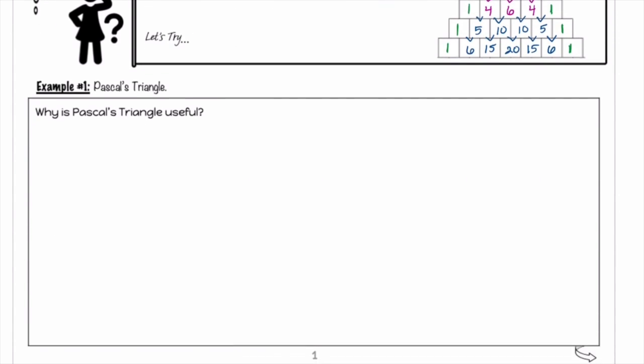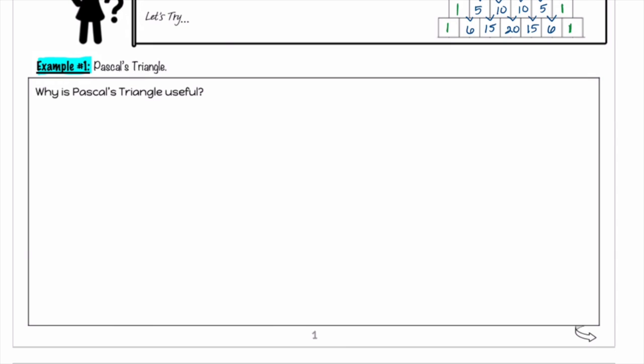So let me look at example 1. Why is Pascal's triangle useful? It all comes down to the numbers that are within this triangle. I'm going to set my triangle up with just a few. I'll start with the top, my first 3 rows, and slowly build my triangle: 1, 3, 3, 1.